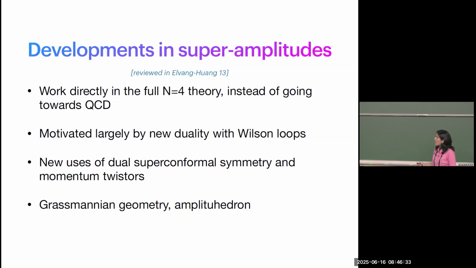And so as a consequence, looking at superamplitudes, there were new uses of what was just introduced as the dual superconformal symmetry and momentum twistors. These are still ideas that yield fruit today in many ways.